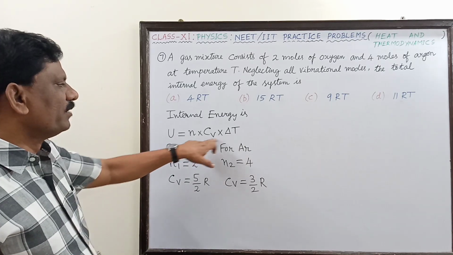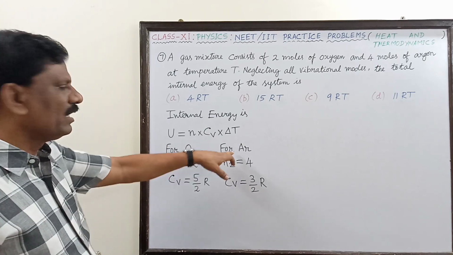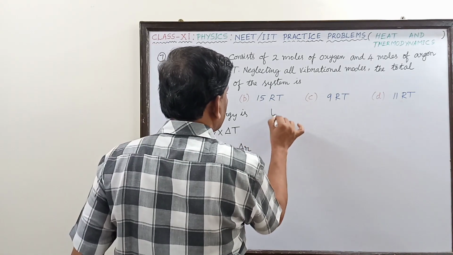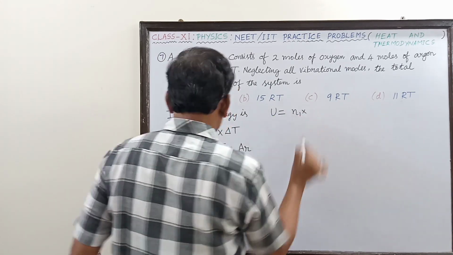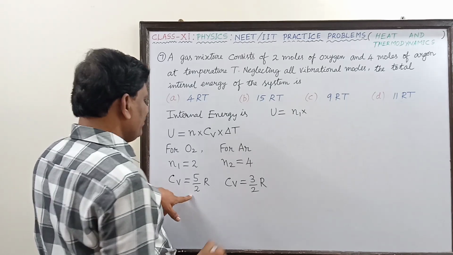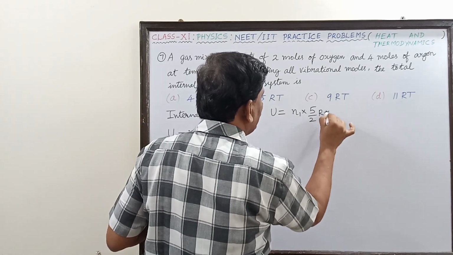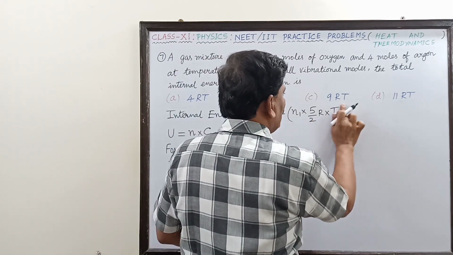So in this equation I will write U1 for oxygen and U2 for argon, and I am going to add. So U is now equal to N1 into, instead of CV, 5 by 2 R for oxygen, so 5 by 2 R into the temperature T. So this is for oxygen.